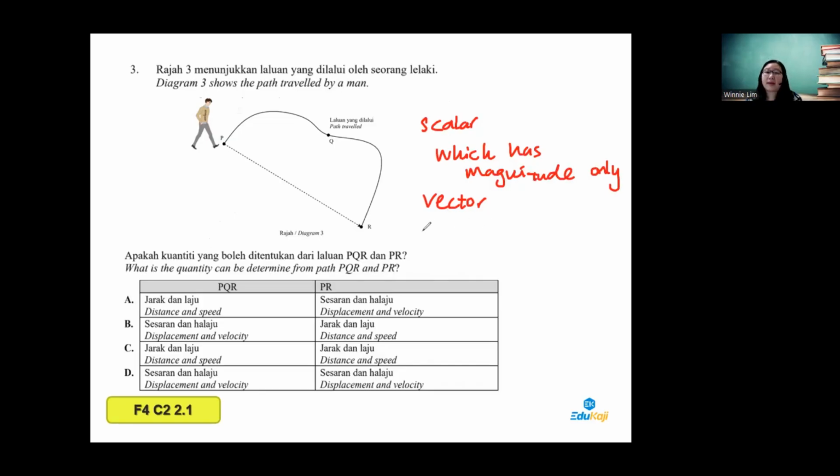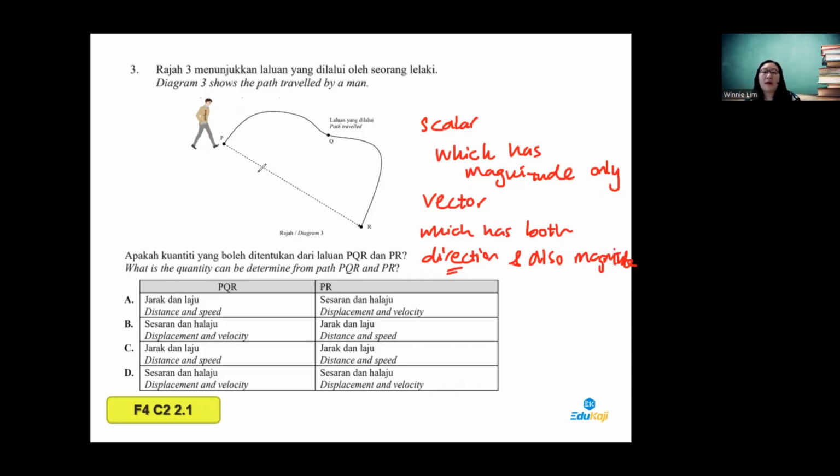But a vector is a quantity which has both direction and magnitude, which means the idea of direction is important in this context.